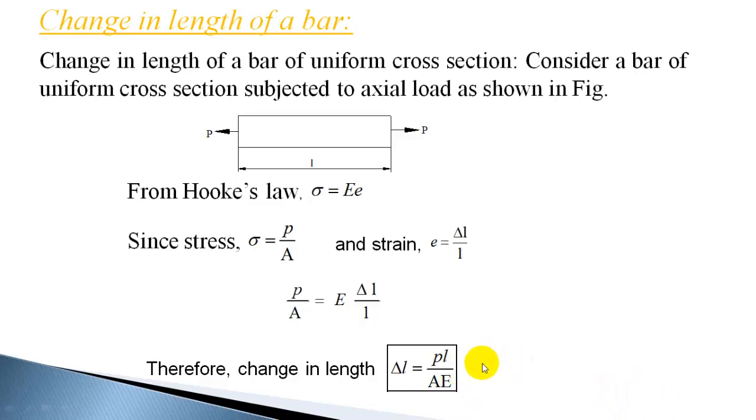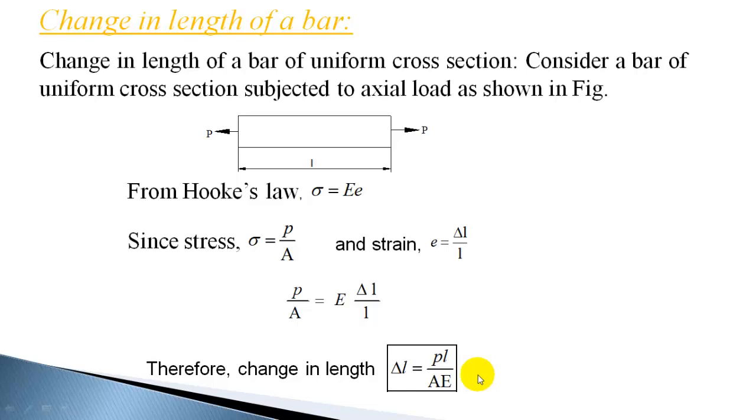So this helps us to predict the change in length due to axial load on a uniform cross section bar without actually conducting the experiment. Without physically conducting the experiment, you will be able to predict the deformation produced once you know the Young's modulus of elasticity, that is a material property, and other parameters like load, length and cross section area.